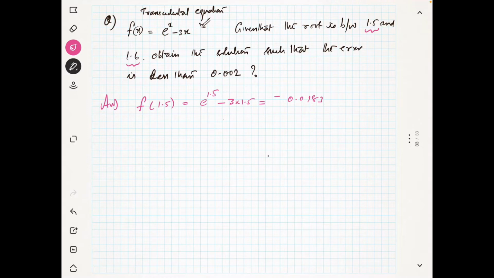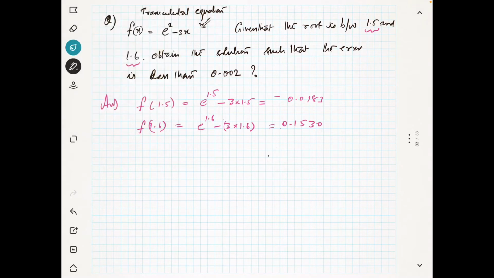Now similarly you can find what is f of 1.6, which is nothing but e power 1.6 minus 3 into 1.6. So you will get this answer as 0.1530. Okay, so you can see here.